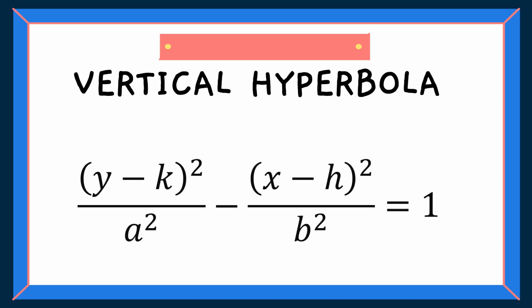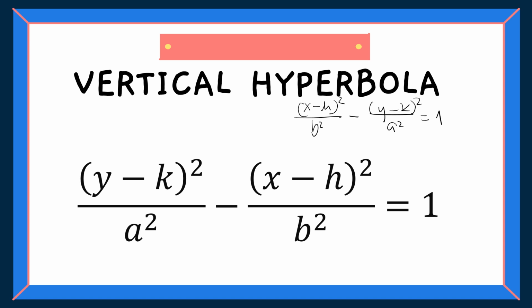In the ellipse, it becomes (x minus h) squared over b squared and (y minus k) squared over a squared, so the denominators are interchanged instead of the numerator. For the vertical hyperbola, the numerators are interchanged: (y minus k) squared over a squared minus (x minus h) squared over b squared equal to 1. So those are the two standard equations of the hyperbola.